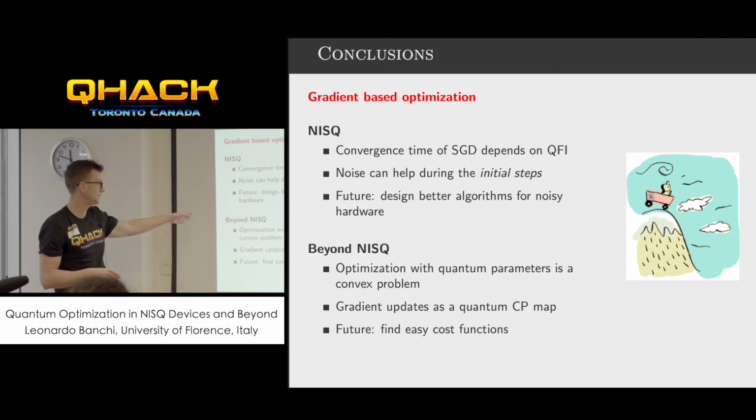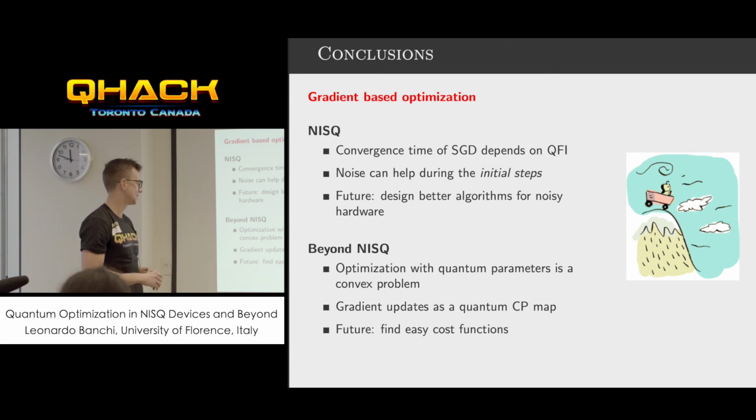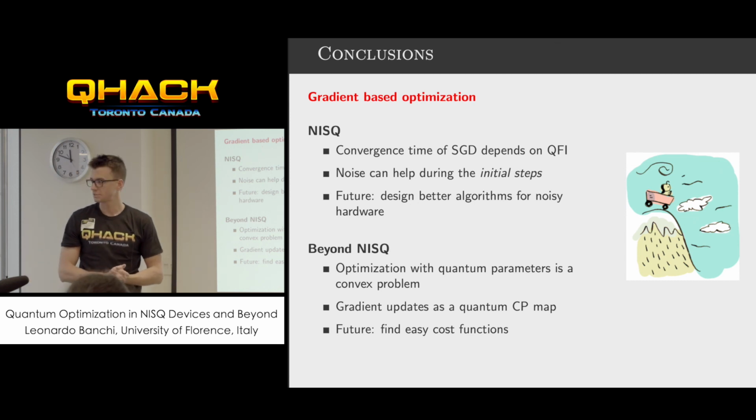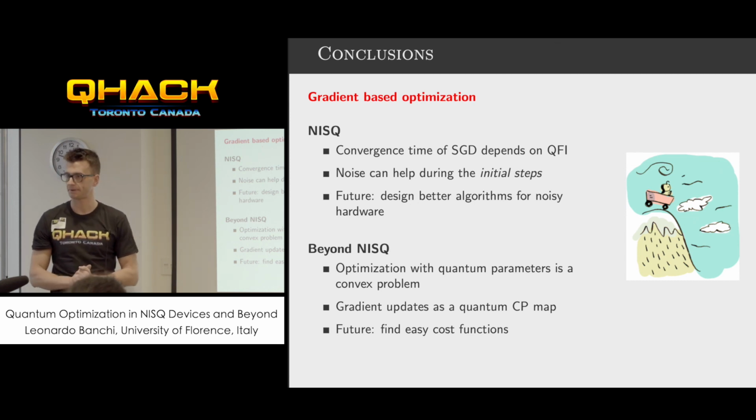And then beyond NISQ, we can also do optimization of quantum parameters, and when you do that, you get for free that you have a convex problem. But there's still an open question how to derive a suitable cost function which is simple enough in the update rule. So with this, I conclude. Thank you for your attention.